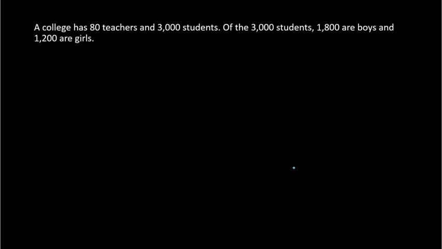Next, here's a real-life example. Let's say you're looking into colleges, and a college has 80 teachers and 3,000 students. Of the 3,000 students, 1,800 are boys and 1,200 are girls. The question might be, what is the ratio of students to teachers? What is the student to teacher ratio?